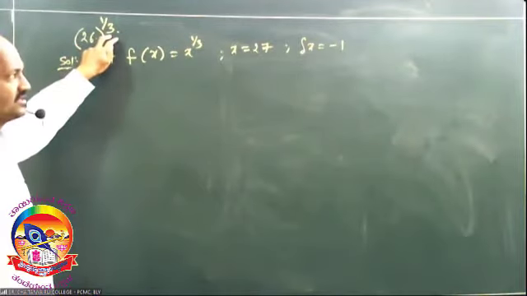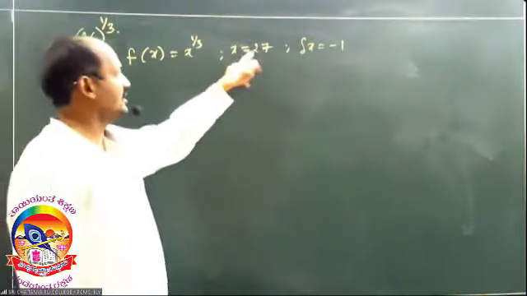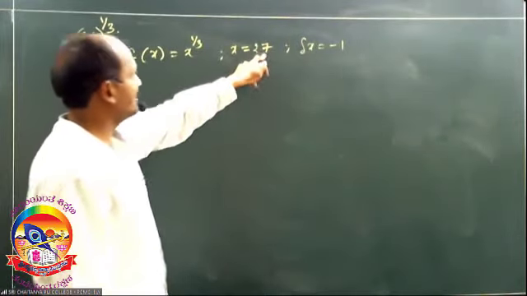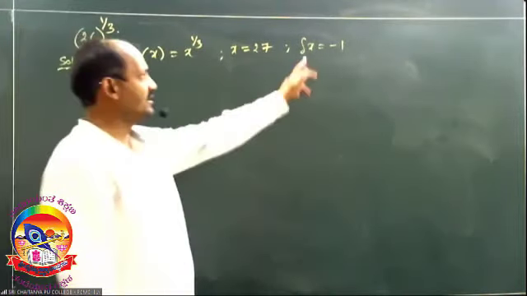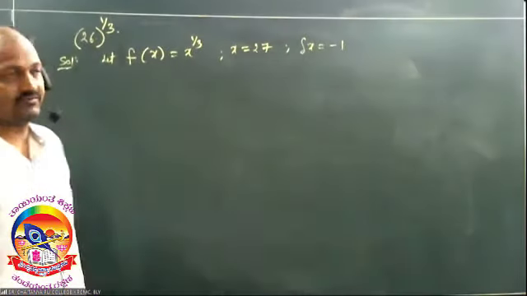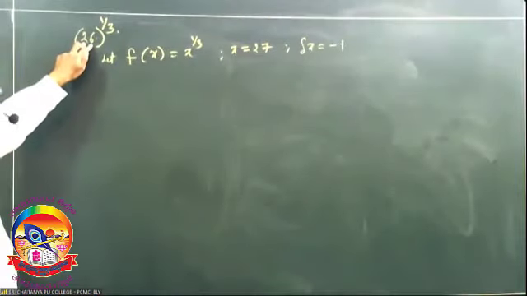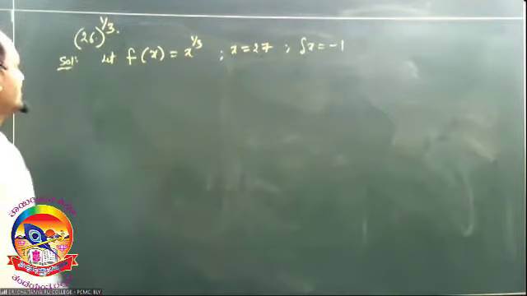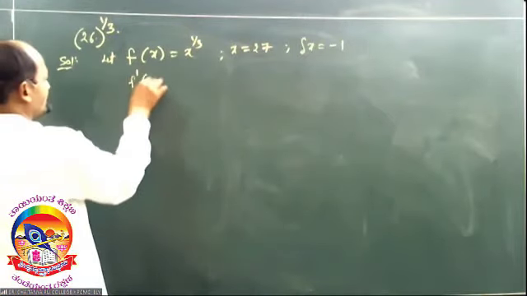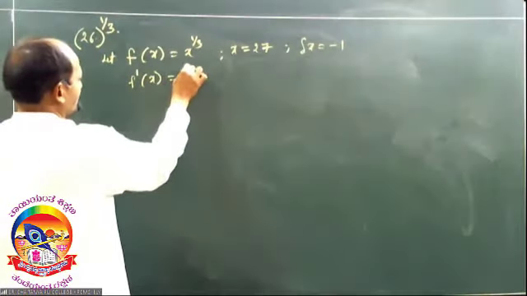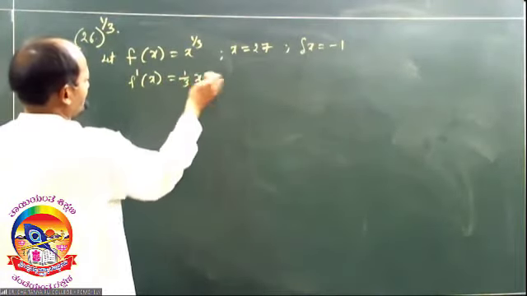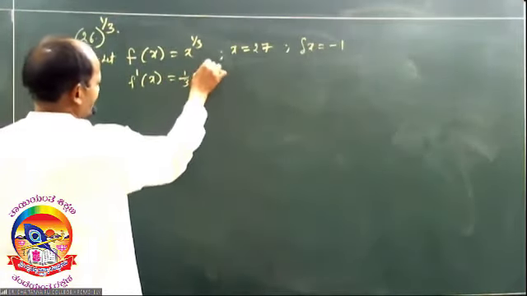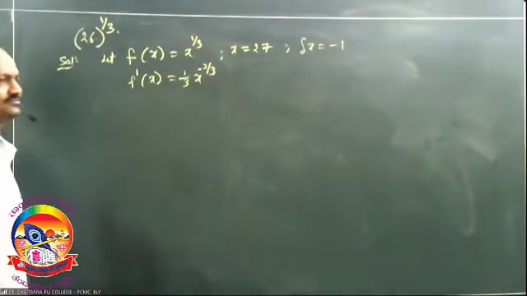In case it is 28 power 1 by 3, at that time x value is 27 and delta x value is plus 1. Okay? Find the derivative. f dash of x is 1 by 3 into x power minus 2 by 3.